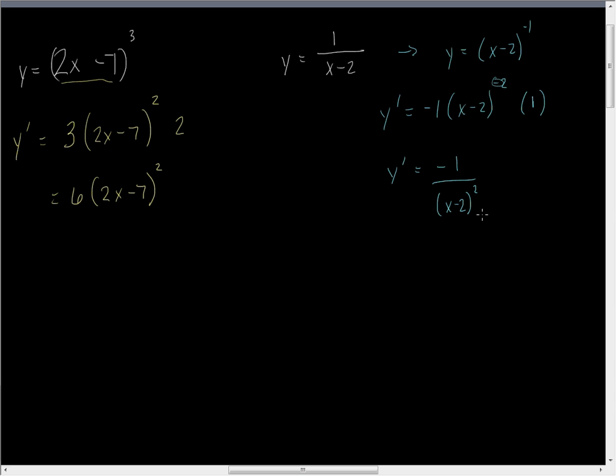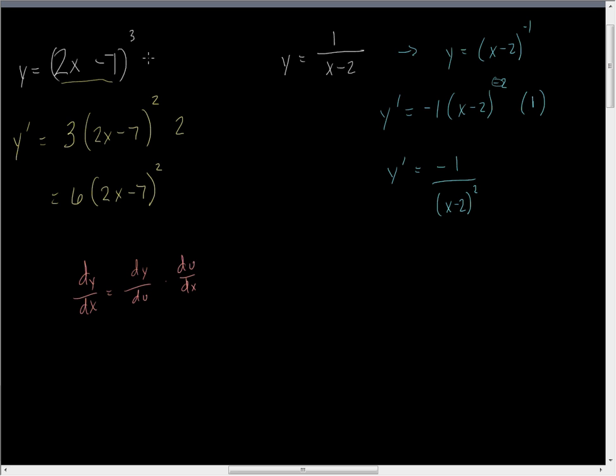If you are having difficulty with this, it might be best to go back to the idea of dy/dx is equal to dy/du times du/dx. And so you must identify then, you must make substitutions.